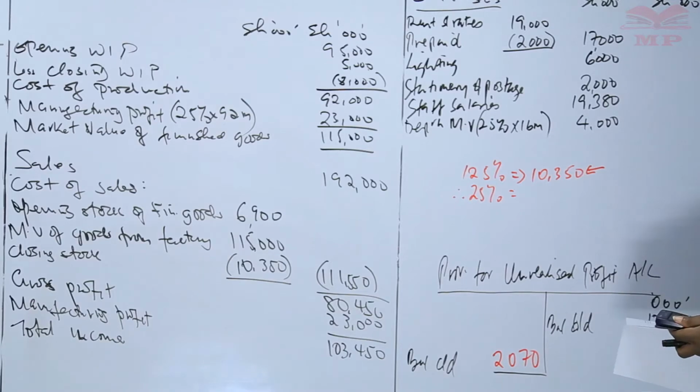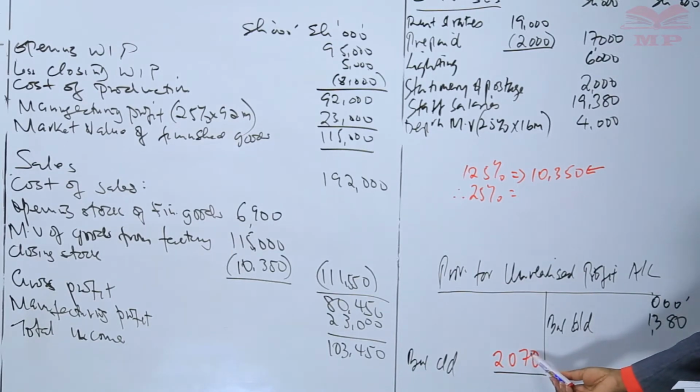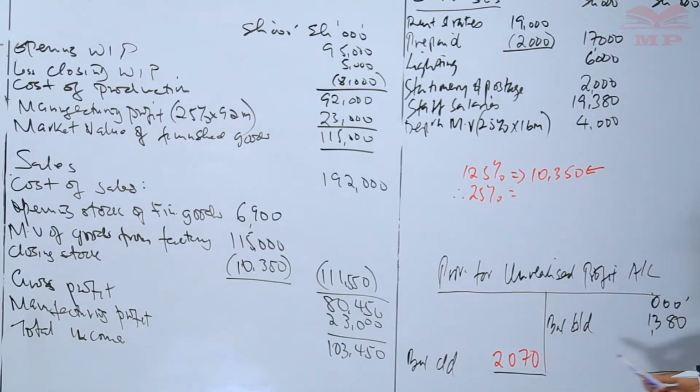So we get the difference, 1380. So you can see here there is an increase from 1,380,000 to 2,070,000. So there is an increase here, which will be transferred to the profit and loss account. This is an increase in provision for unrealized profit of 690.